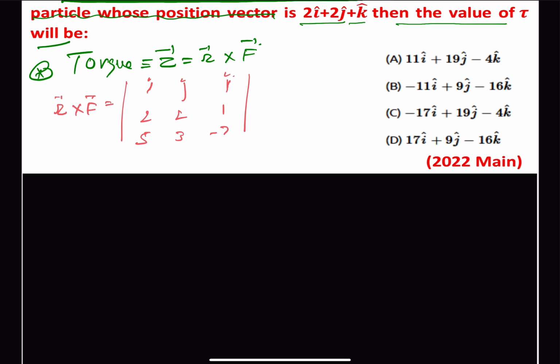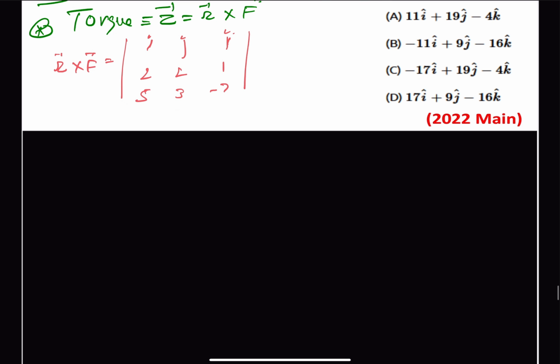So the i component is minus 14 minus 3, giving us minus 17, so minus 17i. Then we have minus, and this comes as minus 14 minus 5, that is 19, and minus minus will be plus, so this comes as plus 19j.